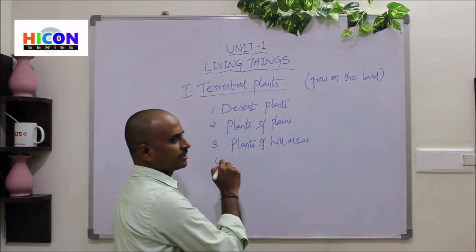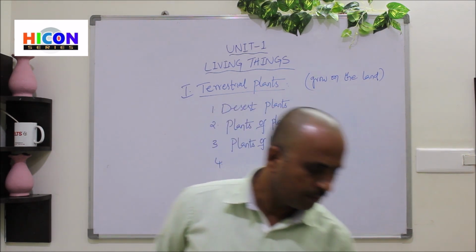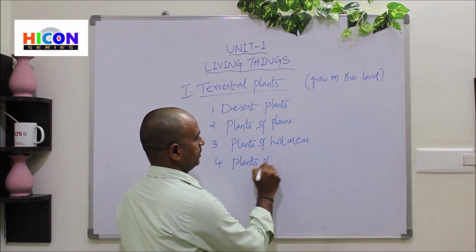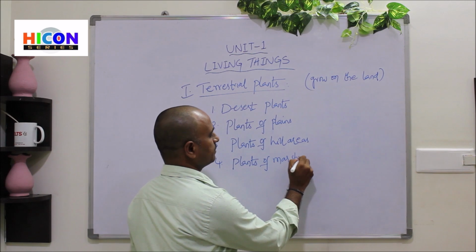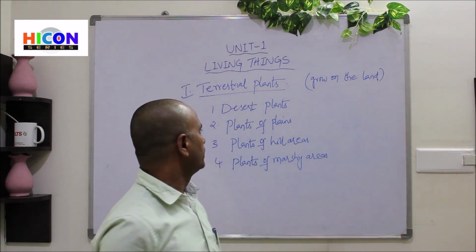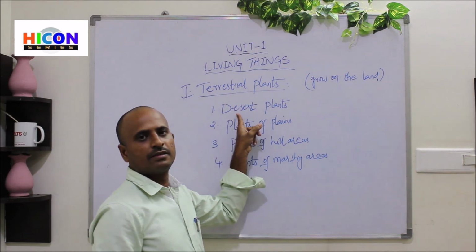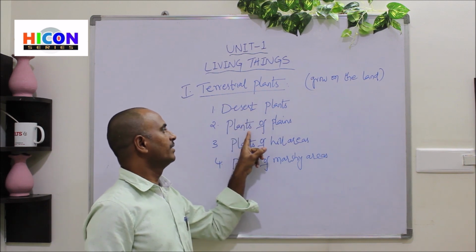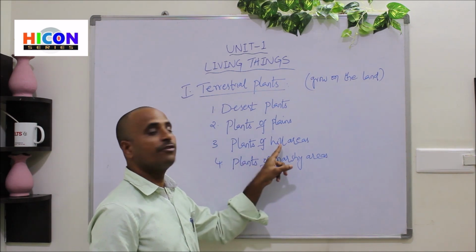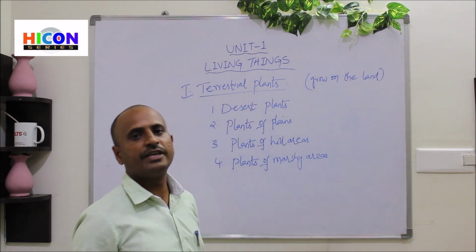And the fourth one is plants of marshy areas. So these are the four types of terrestrial plants.